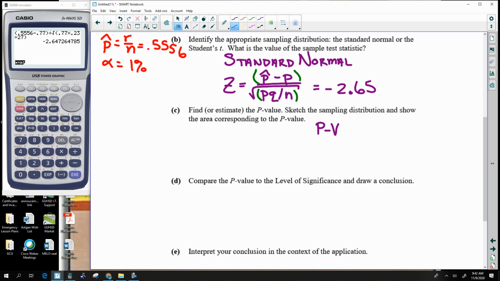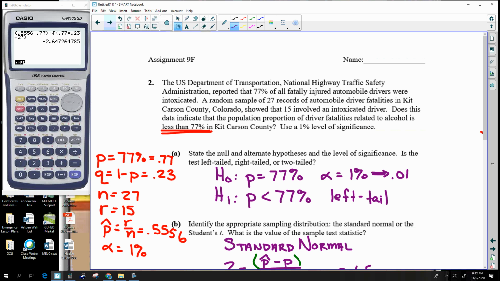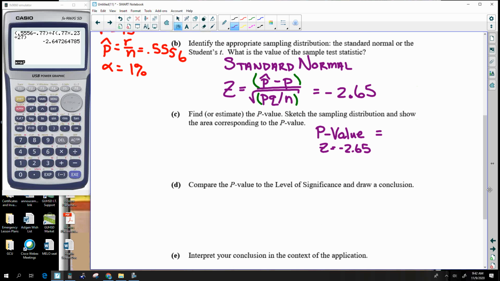I create my p-value right now. This is based upon a z of -2.65. Always look it up as a negative. It is negative, so that's good to go. So -2.65 gives 0.0040. That's really small.